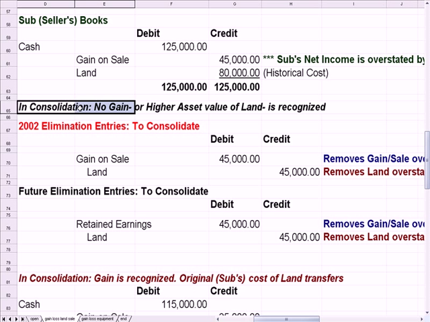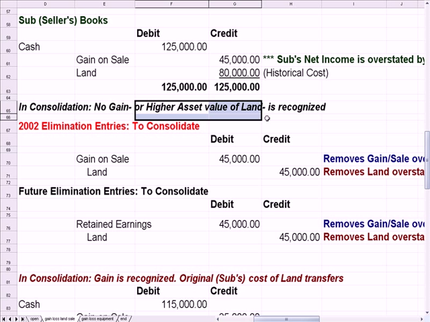Because in consolidation, I have a note here, we don't want to have the gain or the higher asset value of the land. Neither one, neither the gain nor the higher asset value of the land should be recognized.